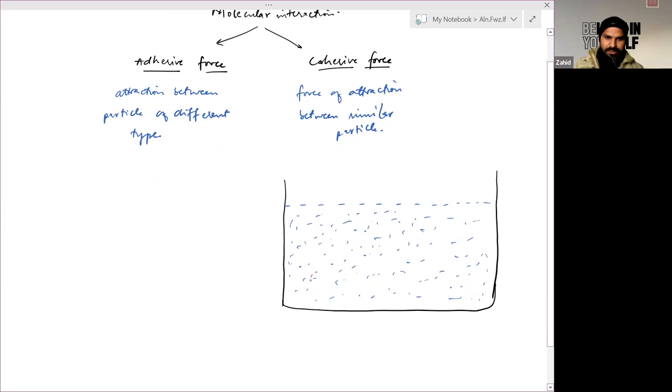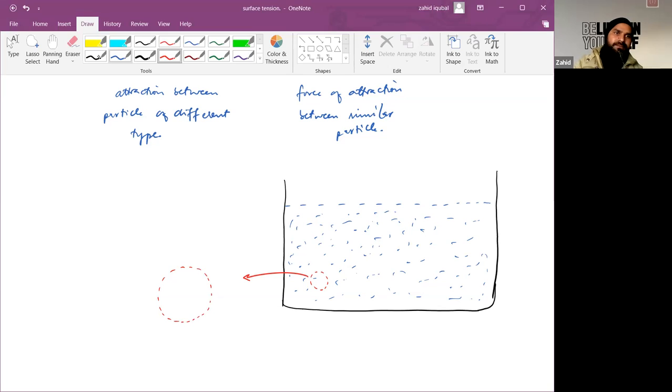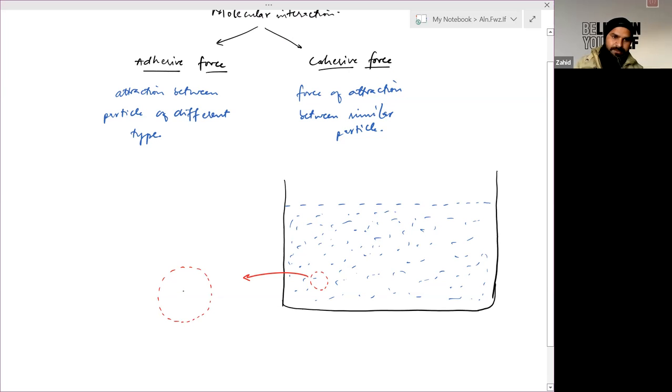Suppose you consider a segment at its lower portion at this point. In this segment, there will be a particle at the center and some neighbors from all sides, like this.